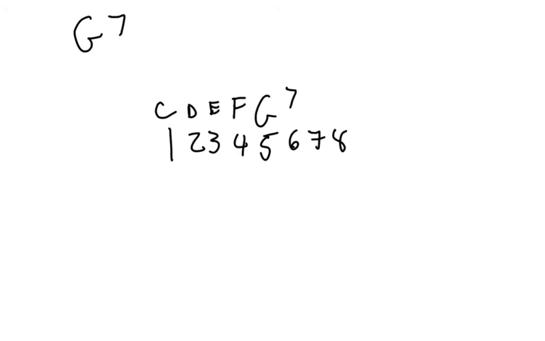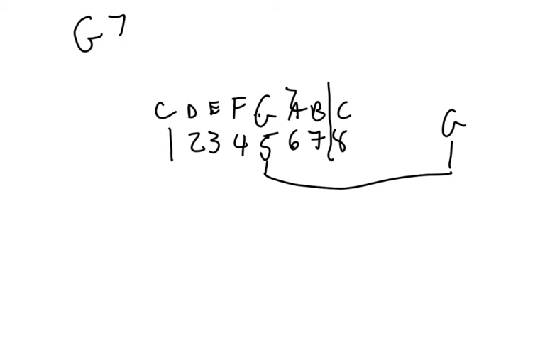So if I'm on G here, then I'm going to go up A, B, C. So I'm going to play from G to G, but instead of using the key of G, which is 1 sharp, I'm going to use the key of C, which is no sharps, no flats.